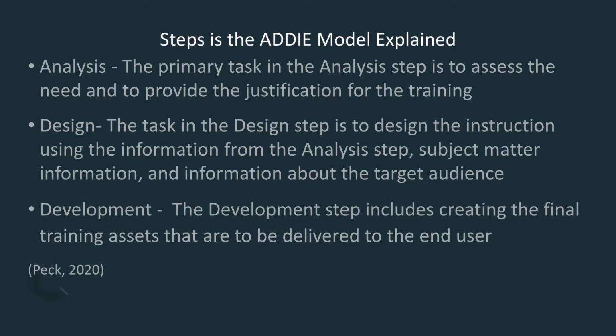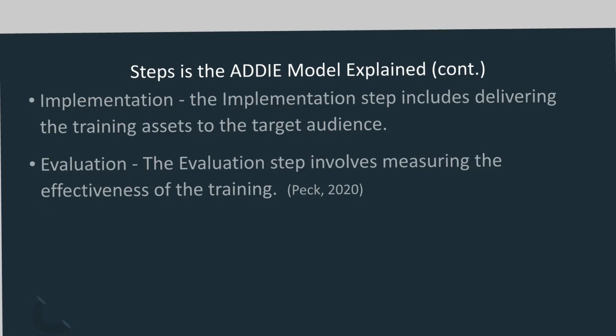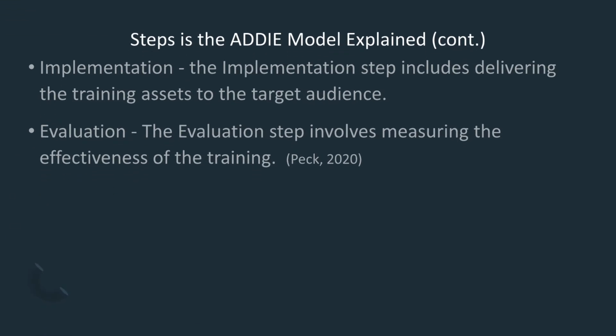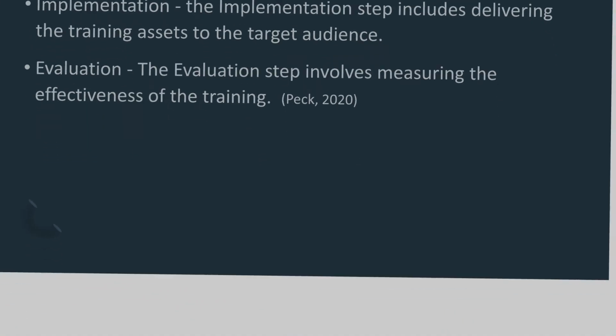In the design step, the task is to design the instruction using information from the analysis step, subject matter information, and information about the target audience. The development step includes the final training assets that are to be delivered to the end user. The implementation step includes delivering the training assets to the target audience, and the evaluation step involves measuring the effectiveness of the training.